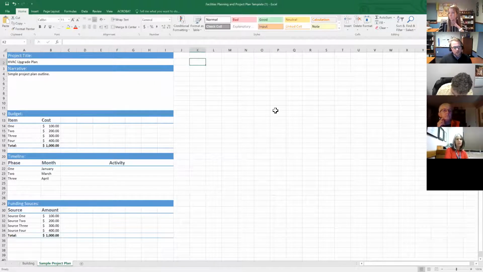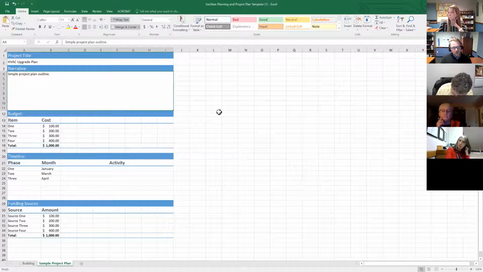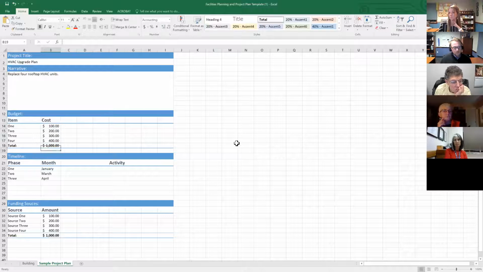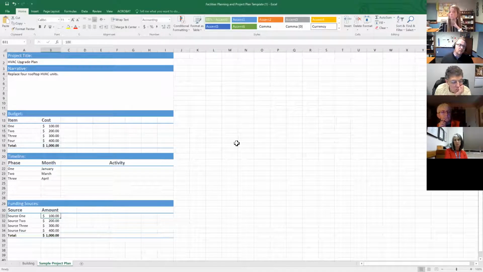And then you just say the narrative is going to say replace 4 rooftop HVAC units. And then we put the costs in here, the rough phases, where we're going to get the money from, things like that. This can be helpful because you can just have a 1-page sheet of here's the project that I want to propose, or here's when we have to do it.